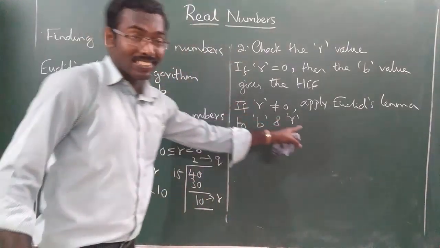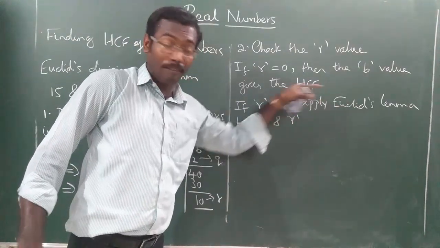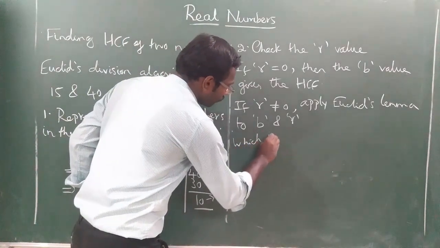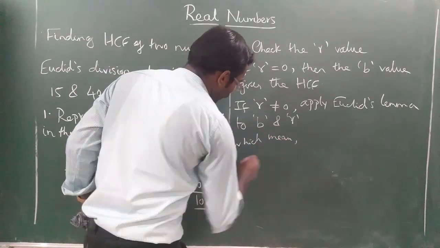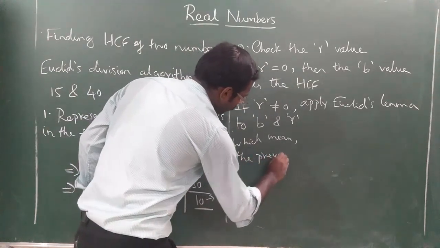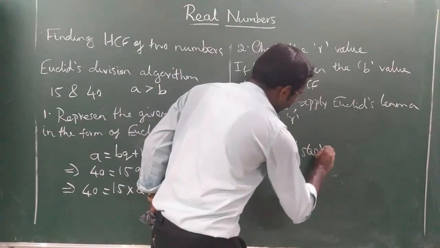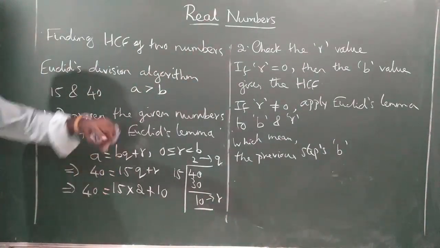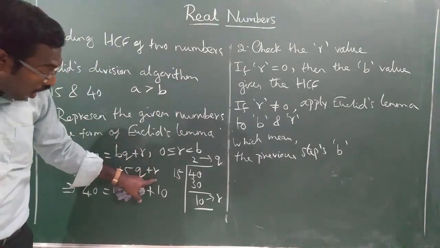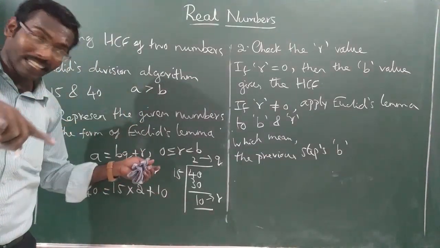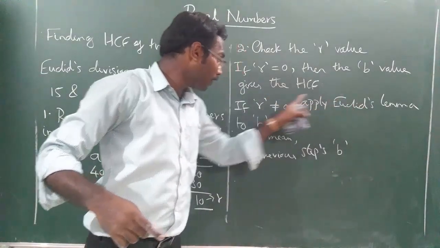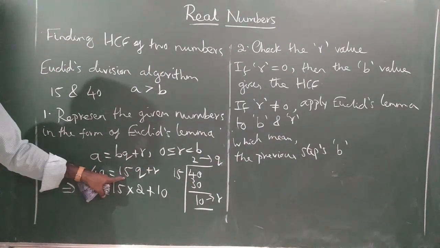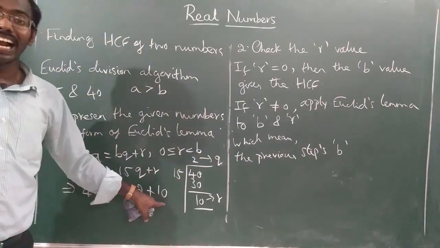If the R value is not 0, then you have to apply Euclid's lemma to B and R, which means the previous step's B value will be taken as A and the R value will be taken as B. That is what is mentioned. You have to apply Euclid's lemma to B and R. Instead of applying to 40 and 15, you are going to apply for 15 and 10.